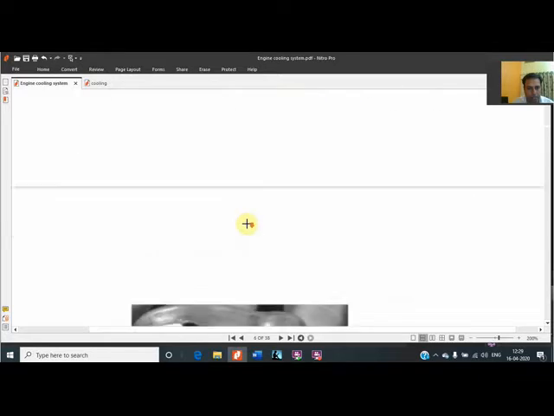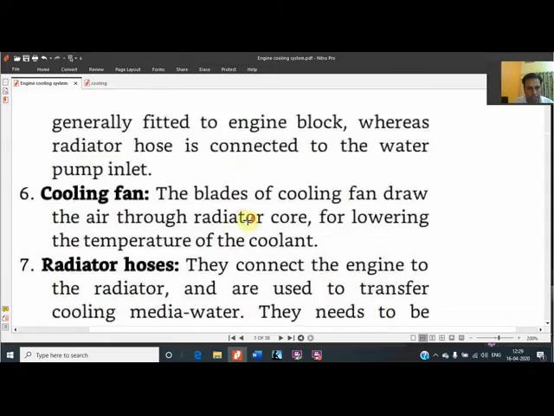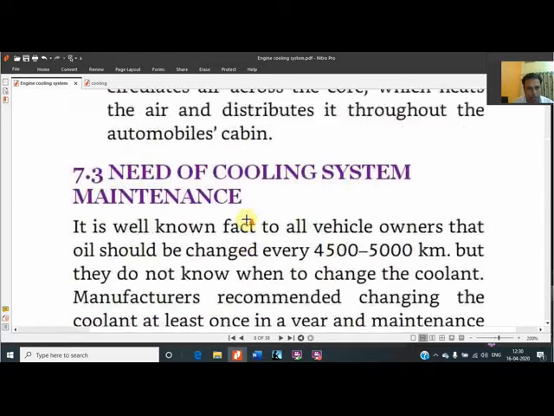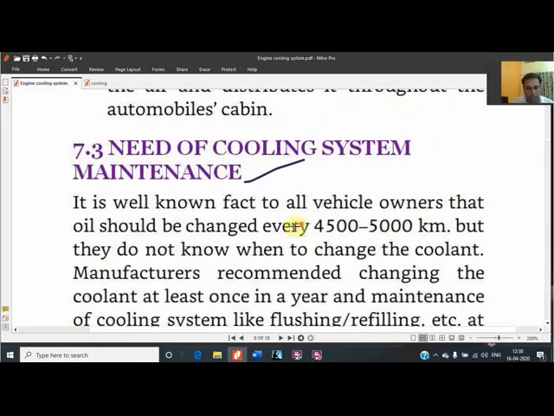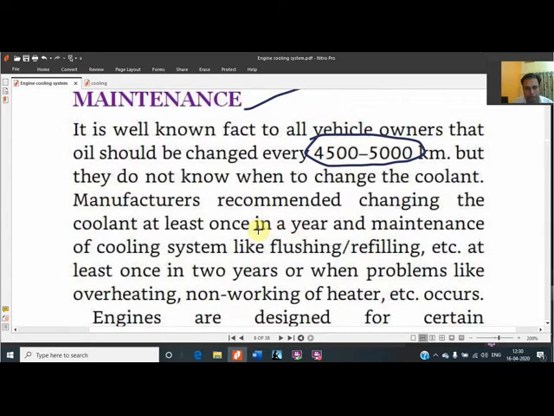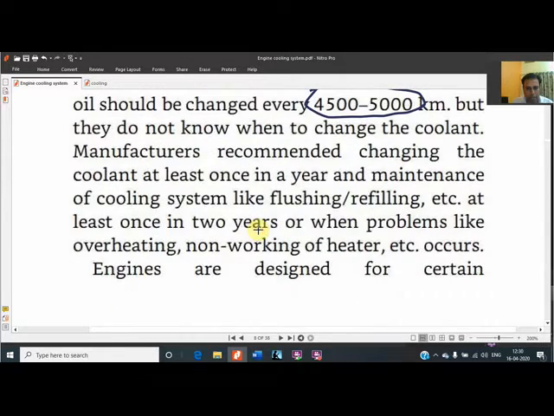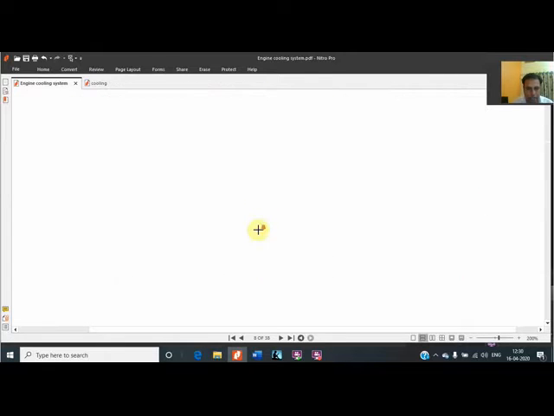Besides this, although it is essential to know the parts, the main thing is why there is a need of cooling. Although the life of lubricant in the engine is fixed, we are not aware of the life of the coolant. So we have to go for the probable troubles and their troubleshooting.